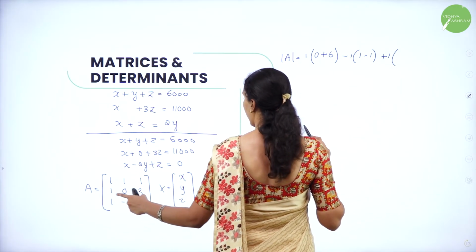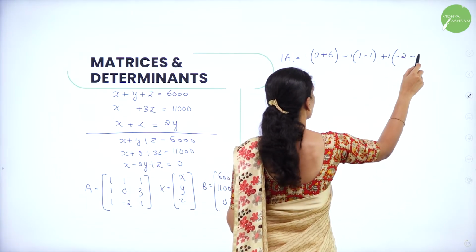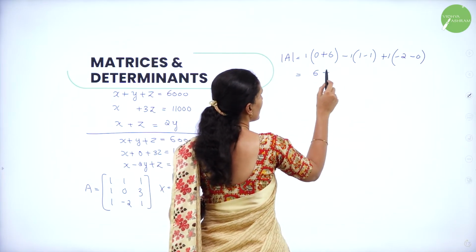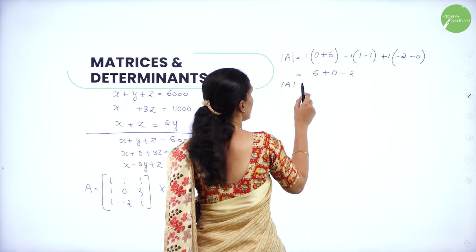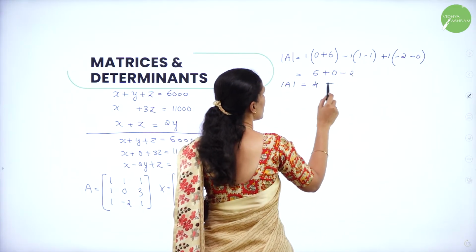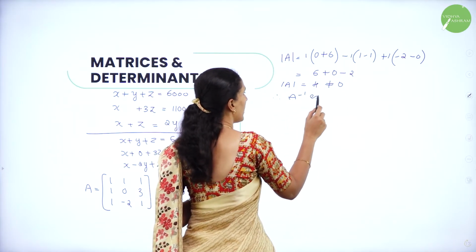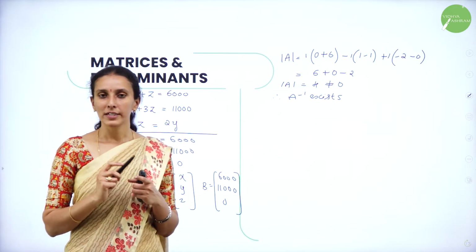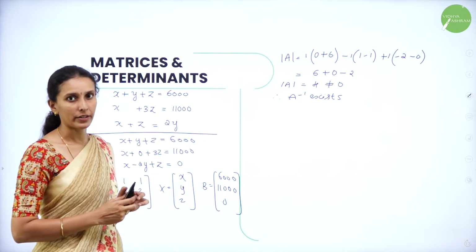So for 1, it is minus 2, minus 0. So solving this, we have 6 plus 0 minus 2. So determinant A is equal to 4, which is not equal to 0. Therefore, what can we conclude? A inverse exists. Once we know A inverse exists, we need to find the adjoint of the given matrix.